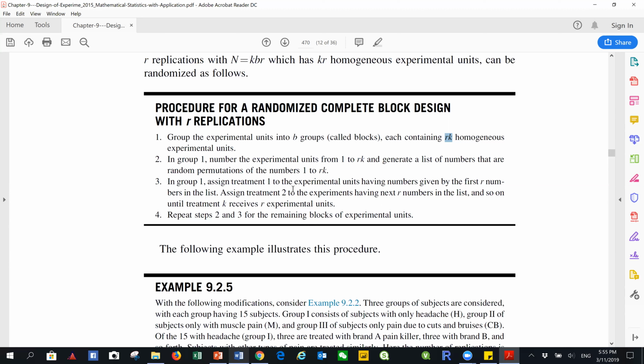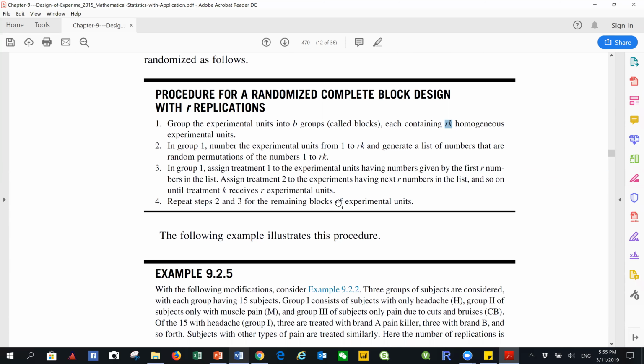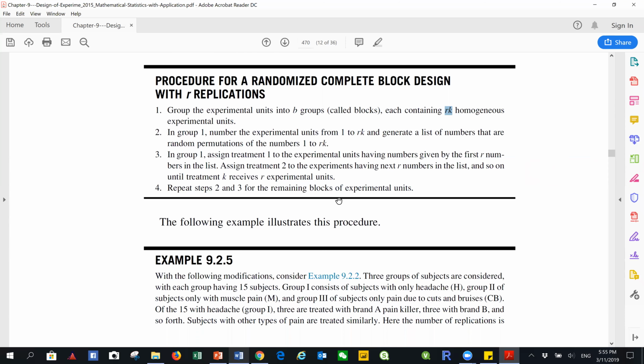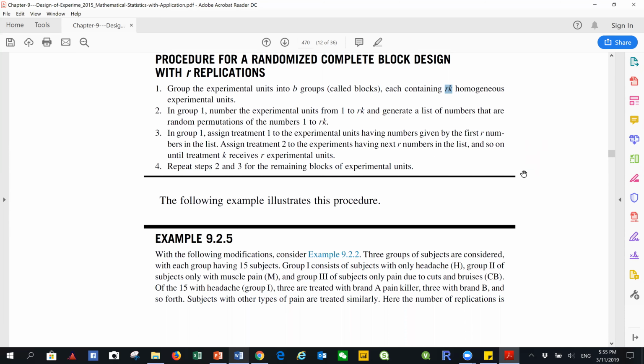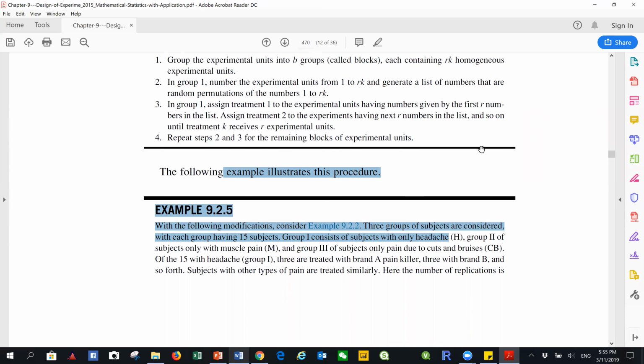Then you randomly select R numbers from the rest of the experimental units for treatment 2, and so forth, until every experimental unit is assigned a treatment. Then you repeat this for the remaining blocks the same way as steps 2 and 3. So let's take a look at an example.